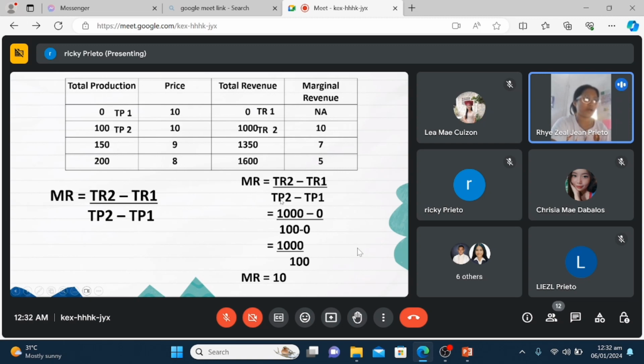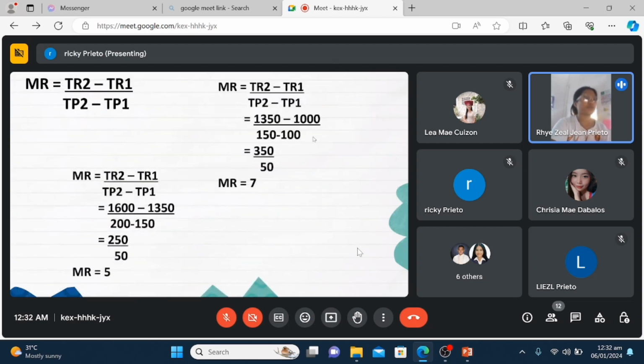Then TP2 is 100 and TP1 is 0. So simplify: 1,000 minus 0 is equals to 1,000, and 100 minus 0 is equals to 100. Then divide: 1,000 divided by 100 is equals to 10. So the marginal revenue is 10.